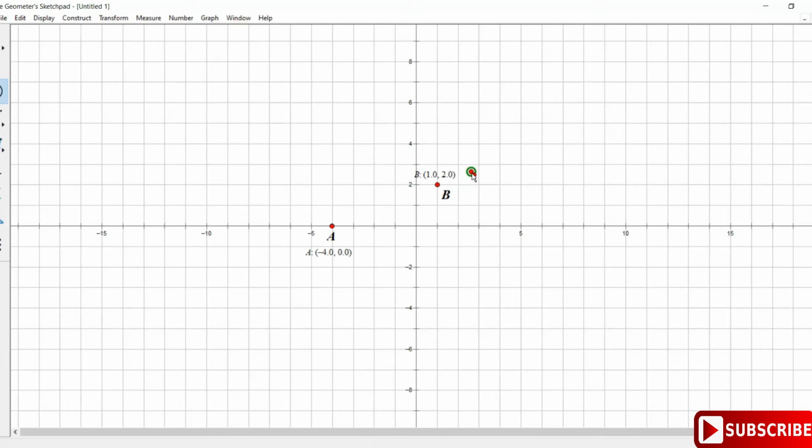All right, and then the radius is 3.6. So if the radius is 3.6, that's something like this. 1, 2, let me see, this is 1, 2, 3, 3.5.